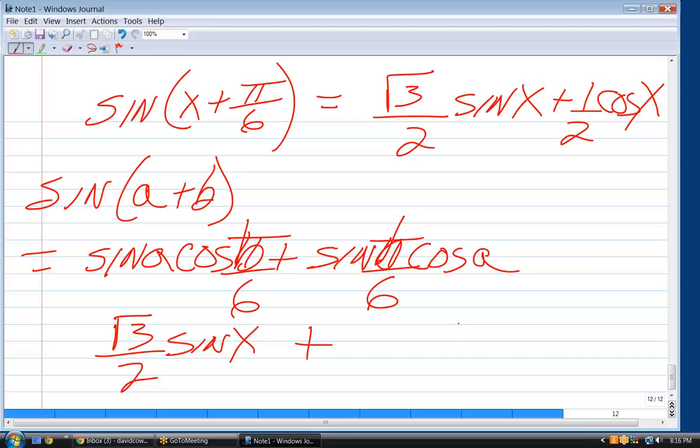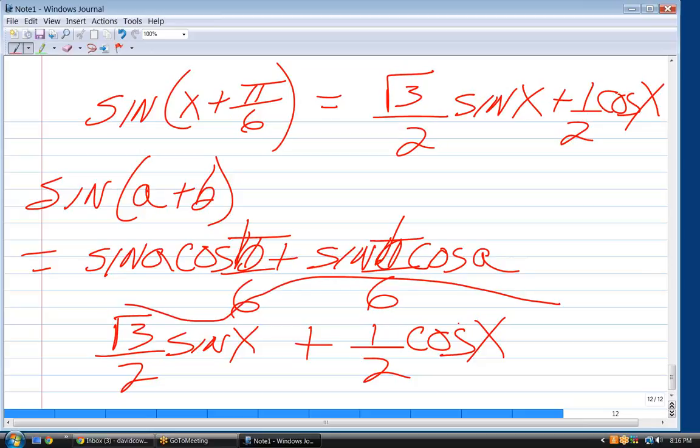Always memorize that, so you don't have to keep going back to that triangle. Sine of 30 is 1/2. Cosine of 60 is 1/2, because they're cofunctions. In other words, the sine of x is equal to the cosine of 90 degrees minus x. So the sine of 30 has to be equal to the cosine of 60, and they're both 1/2. So there's the 1/2 cosine of x, that's what we were trying to prove that it was equal to.